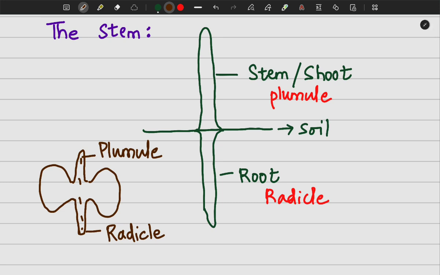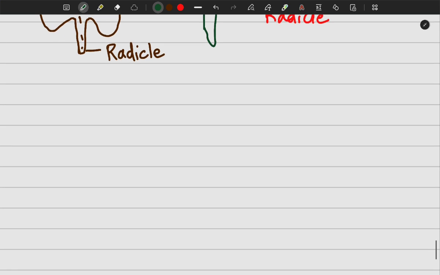Now the stem bears branches, leaves, flowers, and also fruits. We will study about the main characteristics of the stem. So let us see about some more characteristics of it.